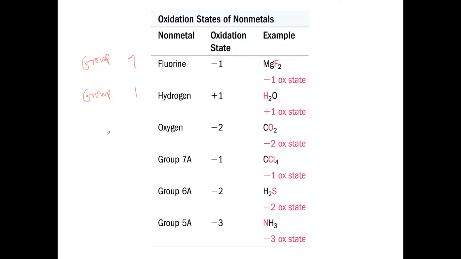Oxygen is in group 6. Group 7 is -1, group 6 is -2, group 5 is -3. We already saw how nitrogen could be +5, but since it's low in this table, it takes low priority. It's most likely going to be -3, but if it fights with oxygen or hydrogen, oxygen or hydrogen is going to win because they are higher on this table.